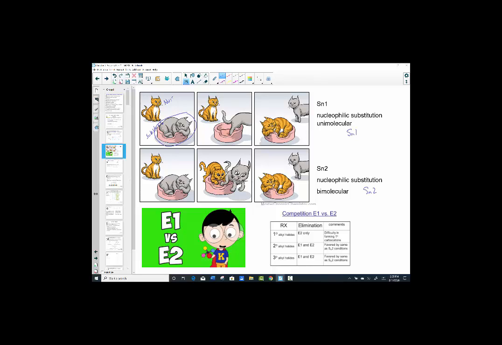Now, the substrate in this unimolecular mechanism, this gray kitty cat, the orange one is just sitting there waiting for the bed. He cannot get in the bed until the gray kitty cat leaves. So the leaving group leaves all by itself. Nothing forced it to leave. Then when the bed is empty, the orange kitty cat can come in.